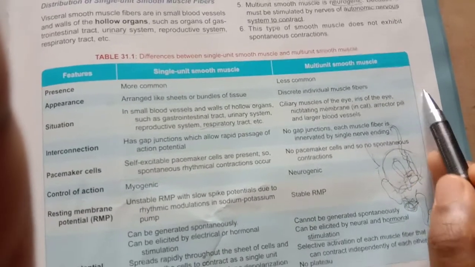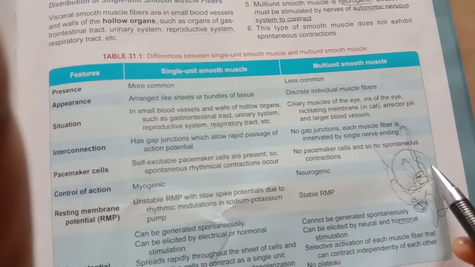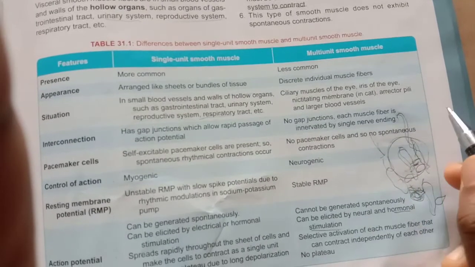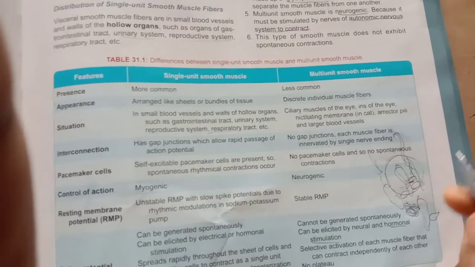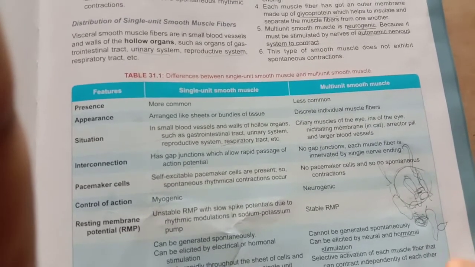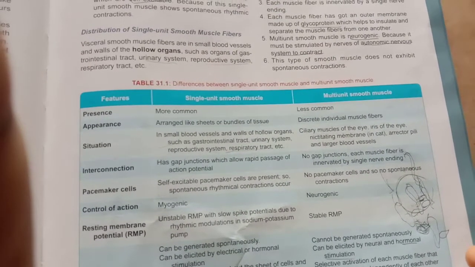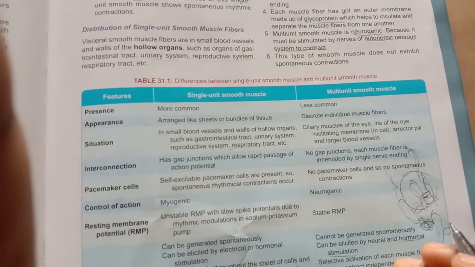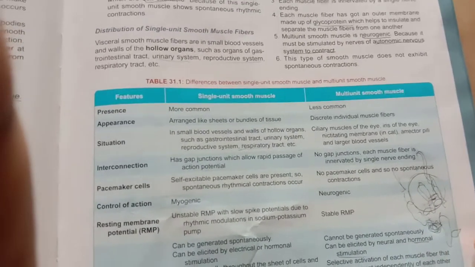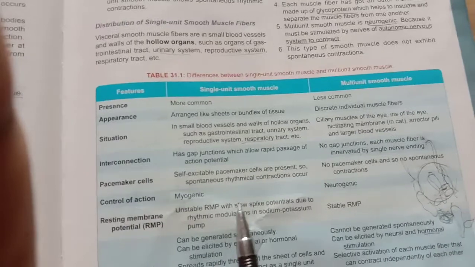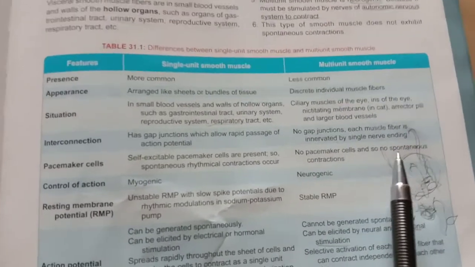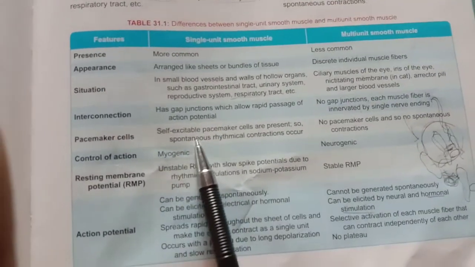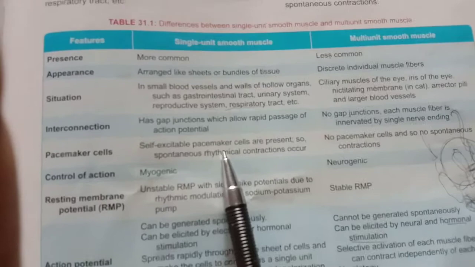Whereas in multi-unit smooth muscles, nerve fibers are present for each and every muscle fiber. They will function on their own, because as the nerve fiber gives information to the muscle fiber, it does its own function. But that is not like that in single unit smooth muscle, because there is only one nerve fiber.